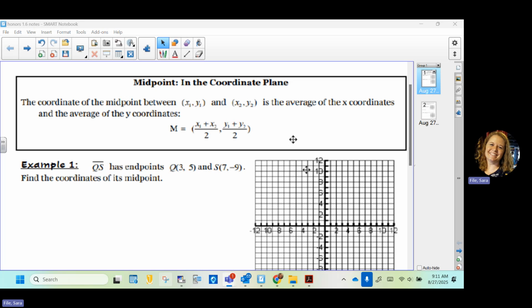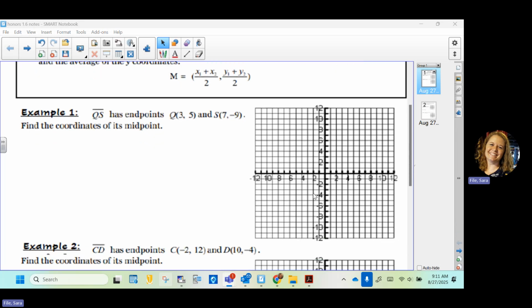But I'm also going to show you when you're on the coordinate plane. Some of you prefer counting vertical and horizontal distances, and you can do that as well. So in this first example, it says that segment QS has an endpoint at 3, 5. So we're going to plot that.